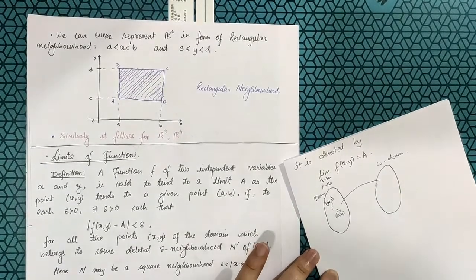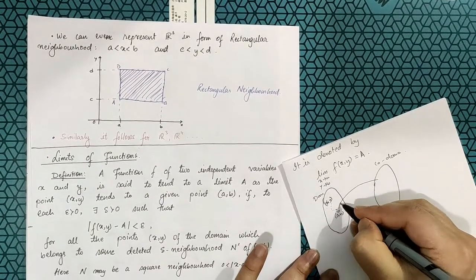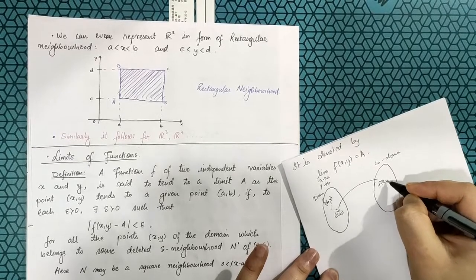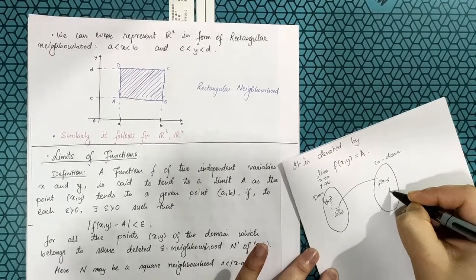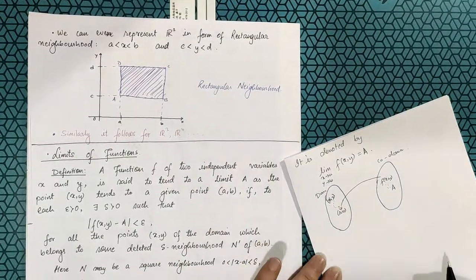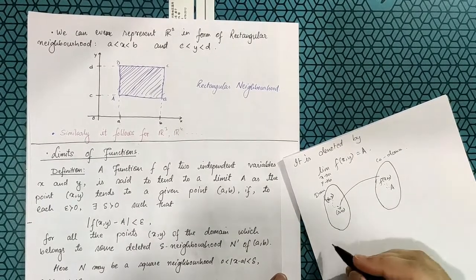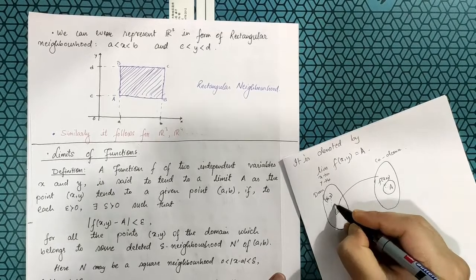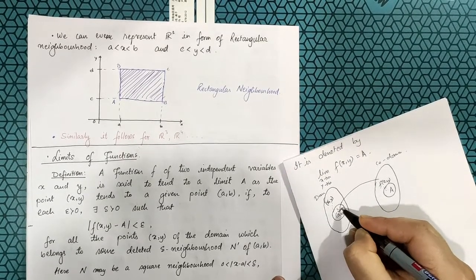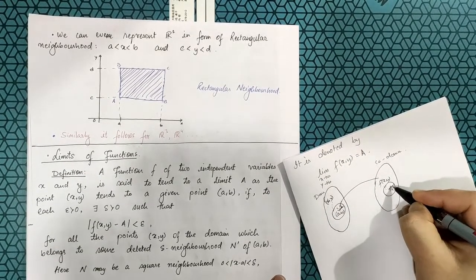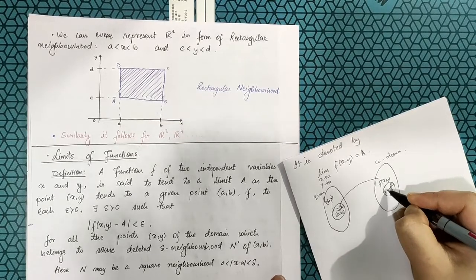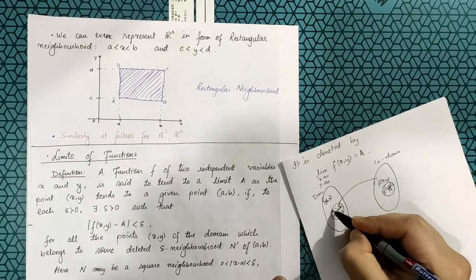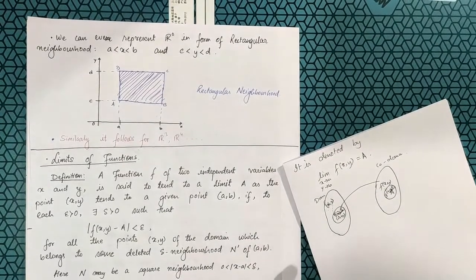This sequence is converging towards some (a, b), and at the same time, the function f(x, y) is converging towards some point A. If we have a delta neighborhood of (a, b) here, then f(x, y) will be in the epsilon neighborhood of A if (x, y) is in the delta neighborhood of (a, b).